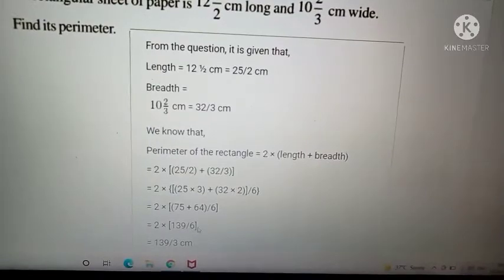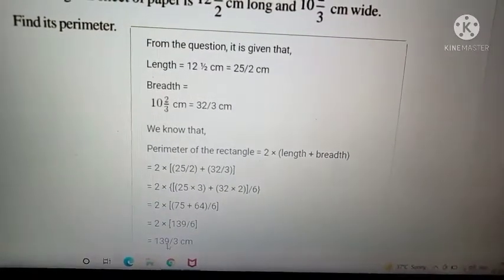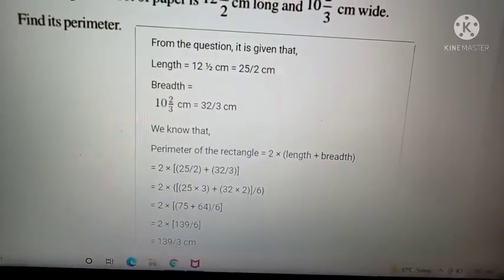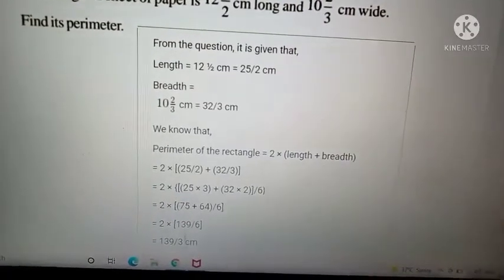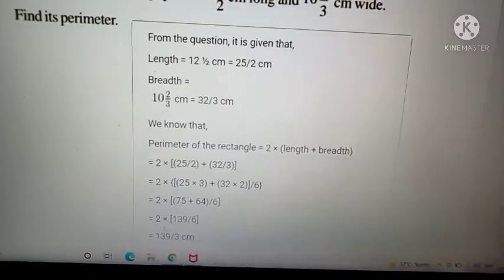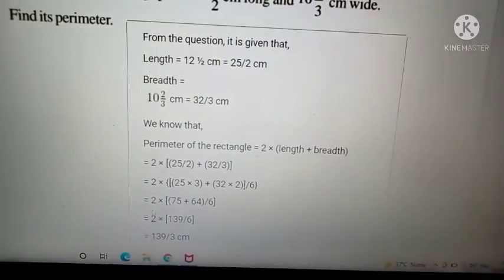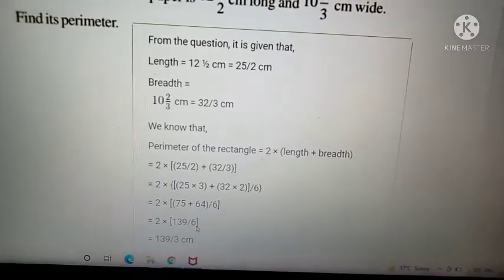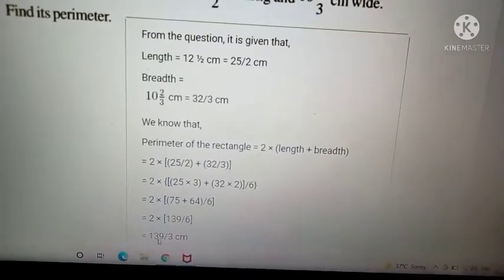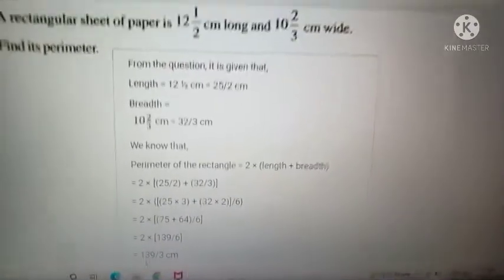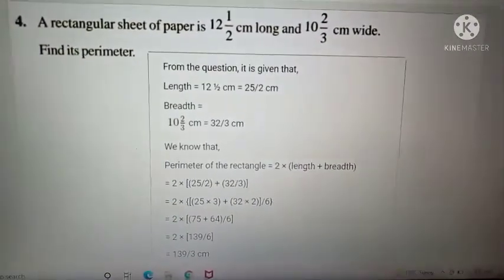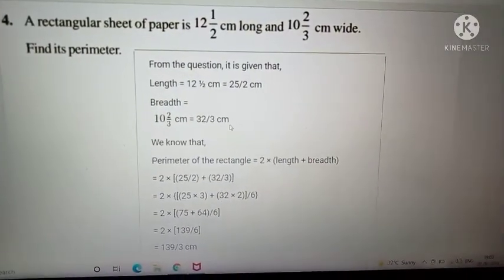Then 2 and 6 get cancelled. Here we simplify: 2 becomes 1 and 6 becomes 3. So 139 by 3 centimeter. Hope you are clear with this.